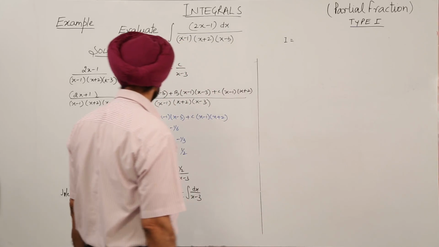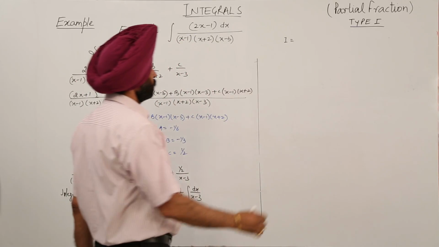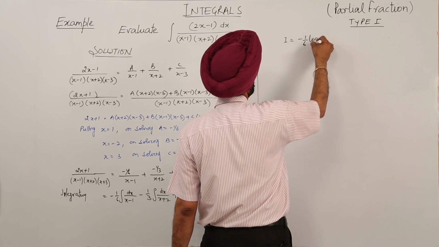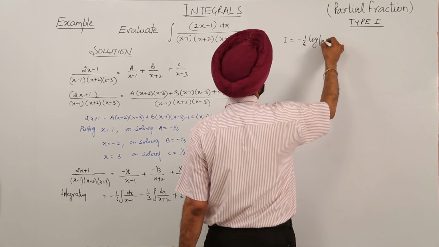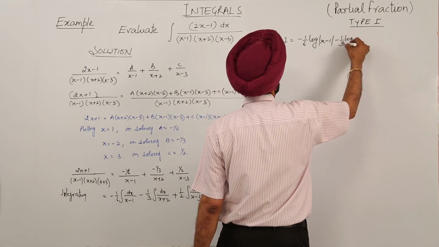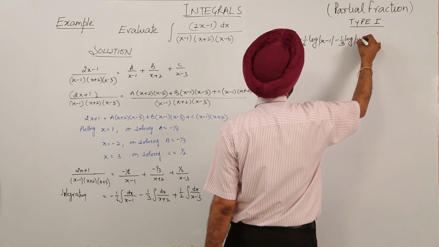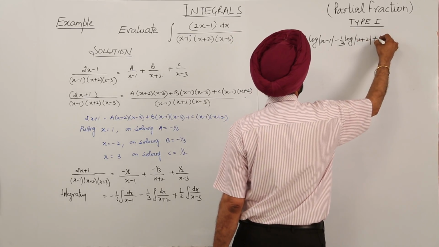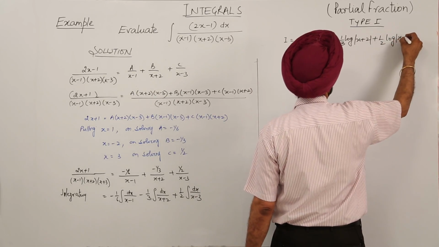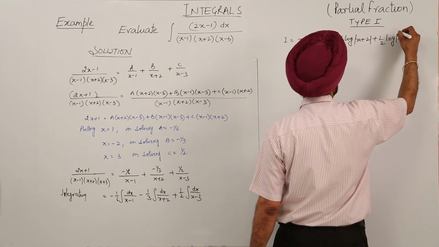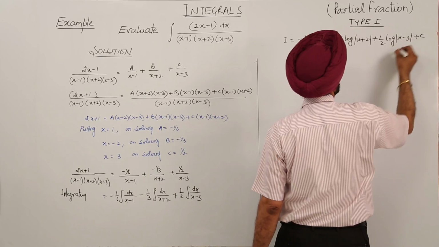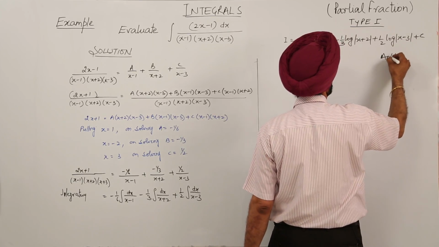Answer will be -1/6 log|x - 1| - 1/3 log|x + 2| + 1/2 log|x - 3| + c. This is the answer.